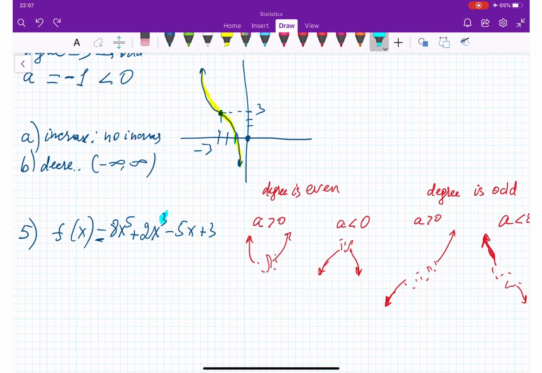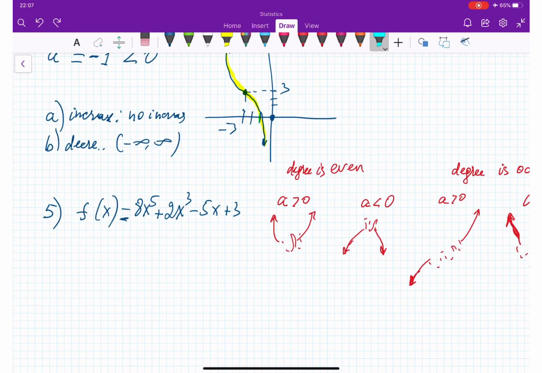The highest degree is going to define the degree of the polynomial. So the degree is 5, which is odd. And the coefficient of this degree 5 is 8, which is greater than 0.